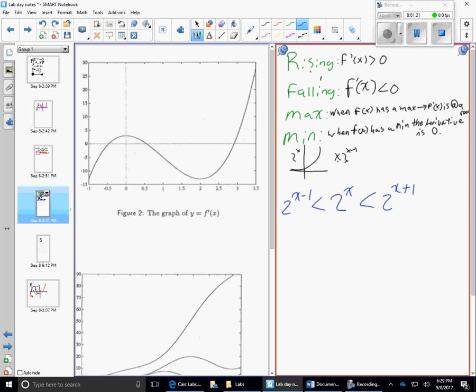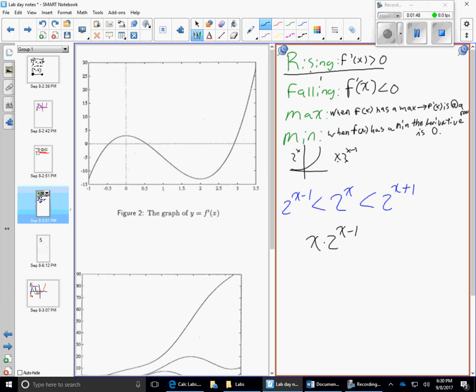So this function is always rising, as Amanda graphed right above this, and if the derivative is x times 2 to the x minus 1, then that, in some cases, will not be positive. And we know from this first rule that if the function is rising, which 2 to the x always is, then the derivative is always positive.